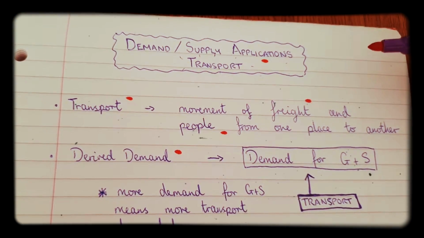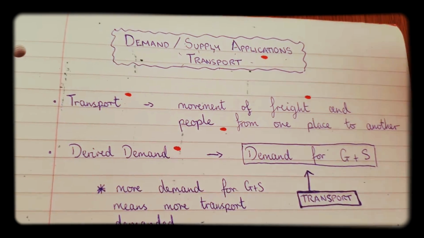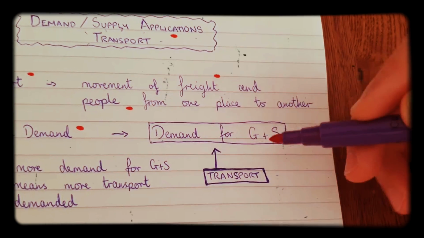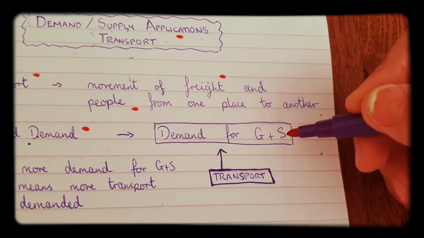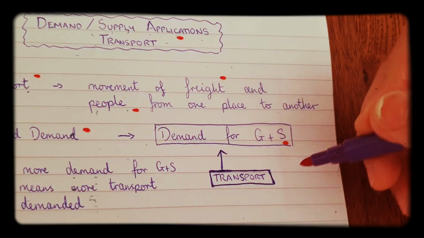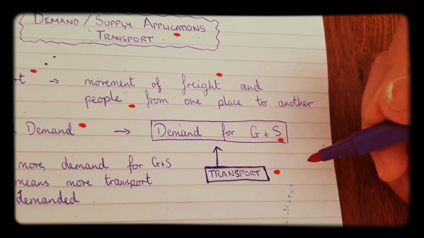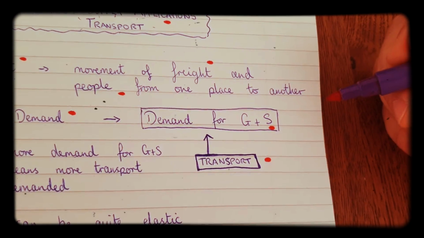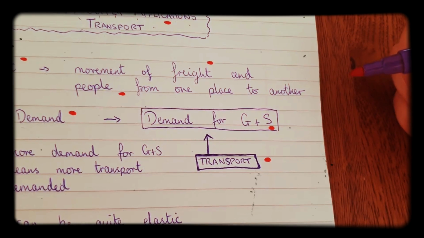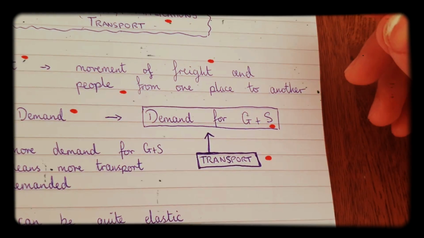What that means is that the demand for transport is derived from something else. So for example, the demand for goods and services leads to an increased demand for transport. If you buy more goods from Amazon, for example, there's going to be an increased demand from Amazon for drivers to drive your parcel to you.